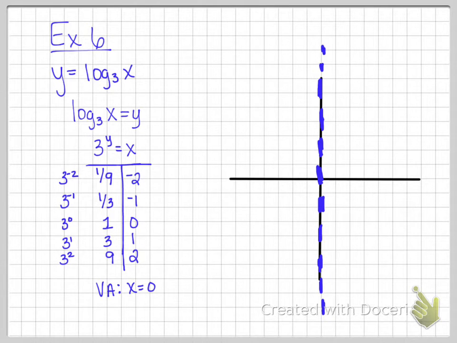I'll draw above and below it just a little bit there. Alright, so there's my vertical asymptote, and I'm going to plot my points. I almost didn't make it there, but I got them all.